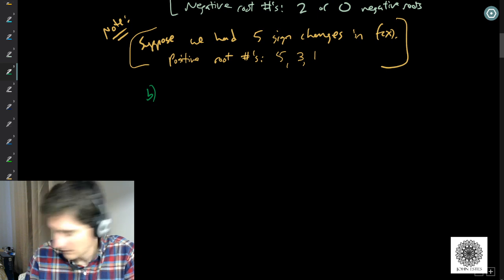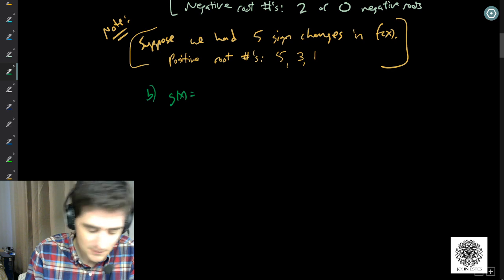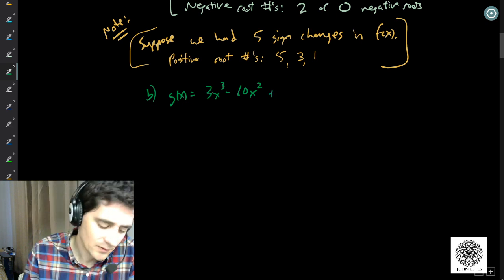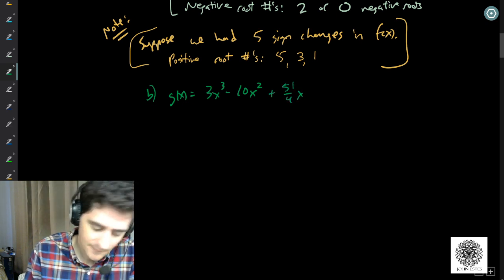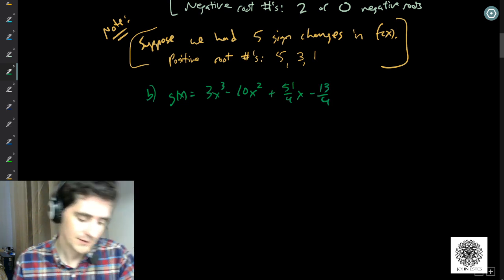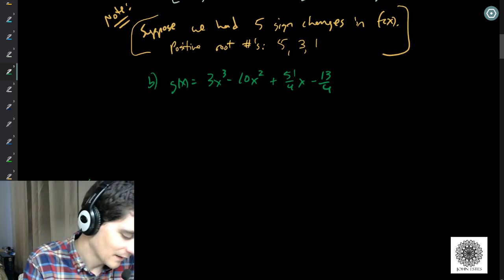So this time we have g of x equals 3x cubed minus 10x squared plus 51 fourths x minus 13 fourths. Okay. The fractions don't really matter, right? We're not actually factoring these things right now.